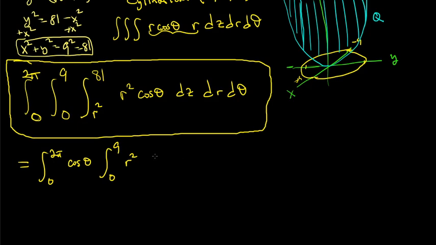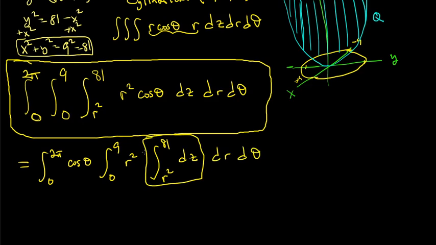Oh, wait a minute. Sorry. Z varies between r squared and 81. So that will add an extra factor for the next integral here. All right, so let's just start on the inside.